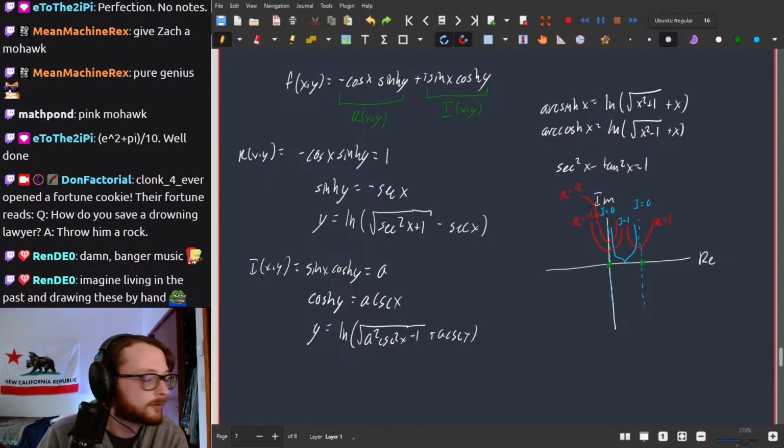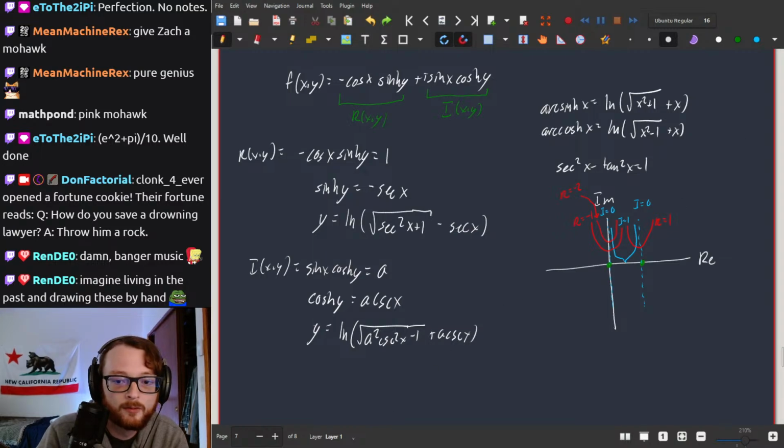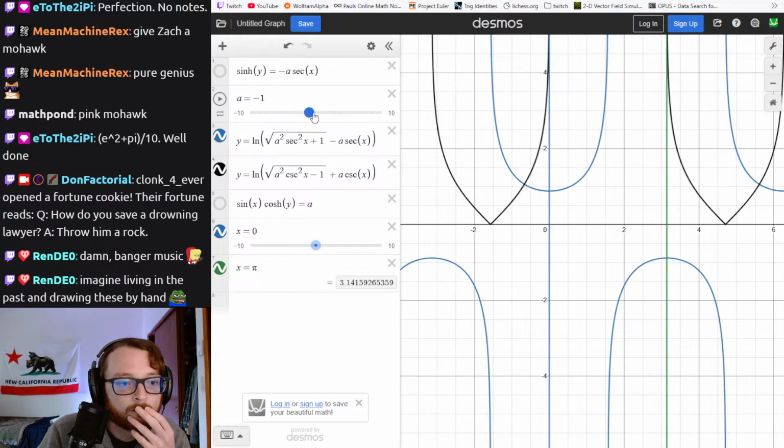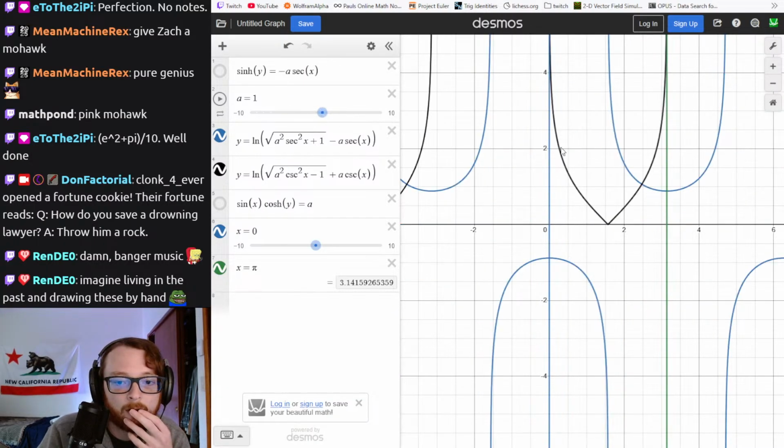Actually, wait. I want to take another look at the imaginary contours. Why do we only get the upper half?